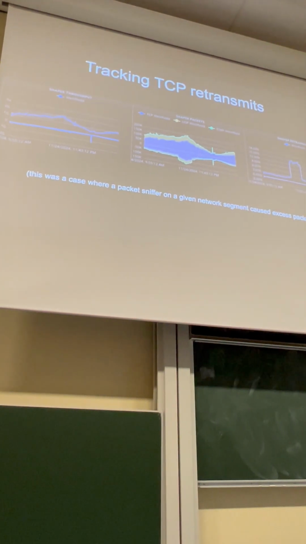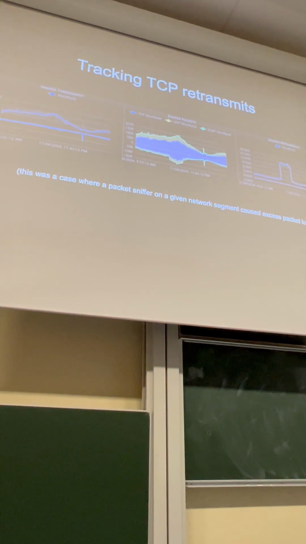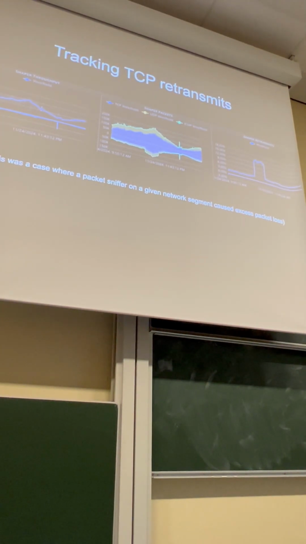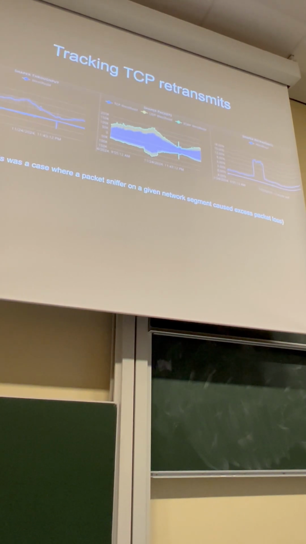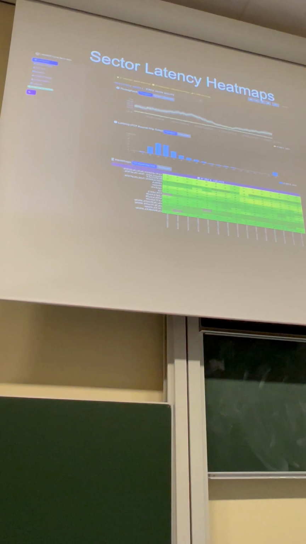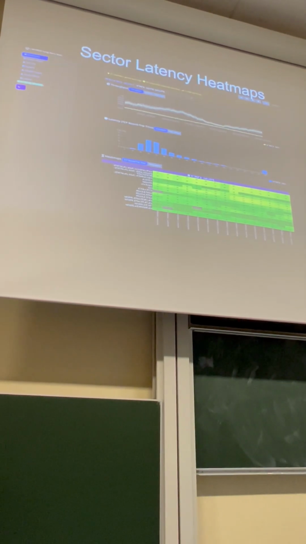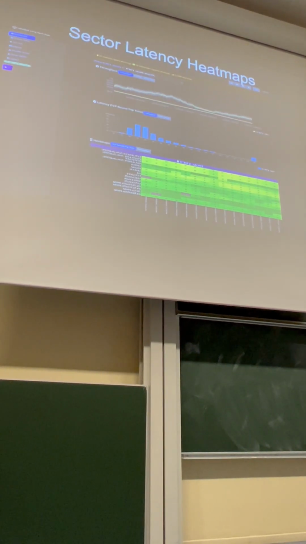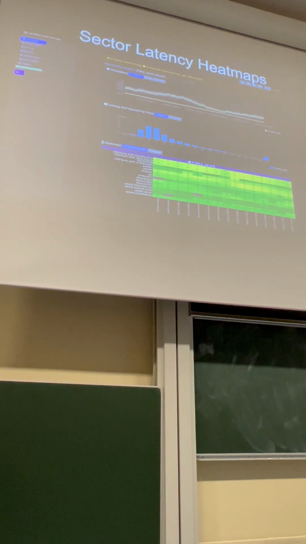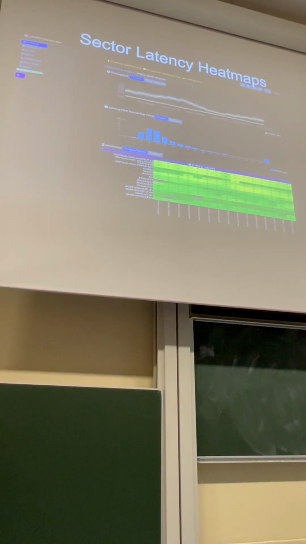One of the things that we decided to do was look at the TCP retransmits, because they are a really important kind of thing. And also, for an ISP, it's really important to see particular sectors. So you can imagine the one access point on the tower to which you as a customer are connected.